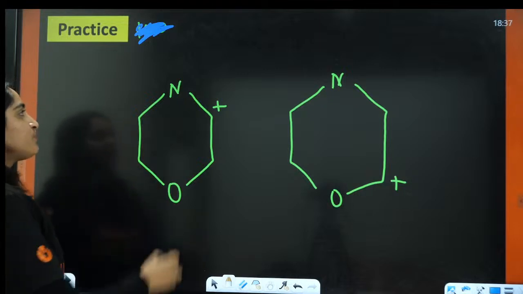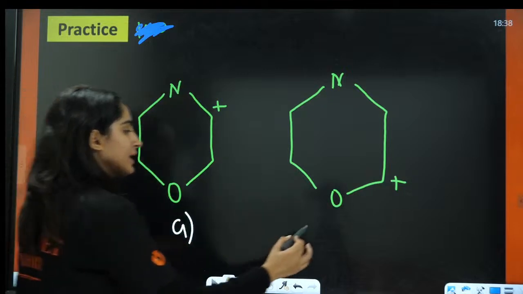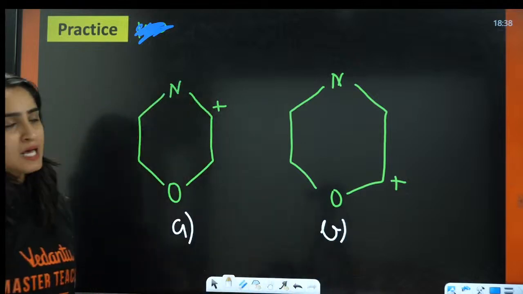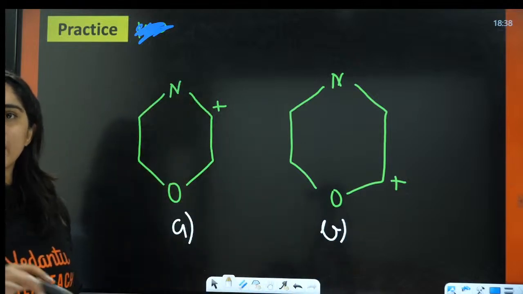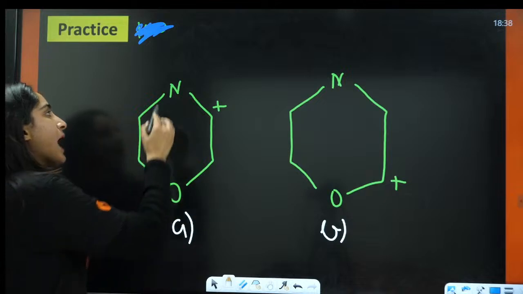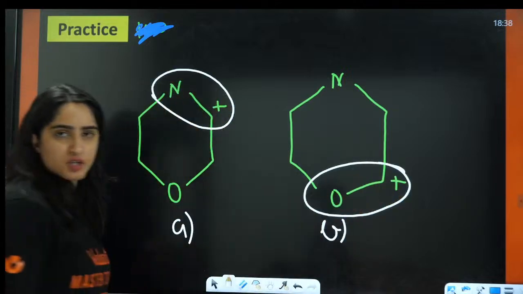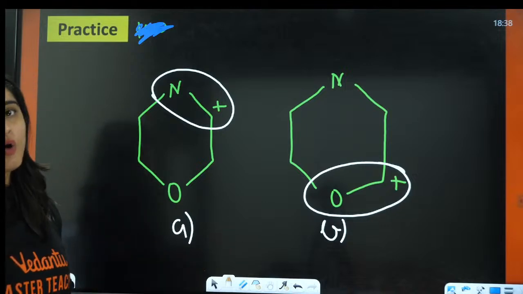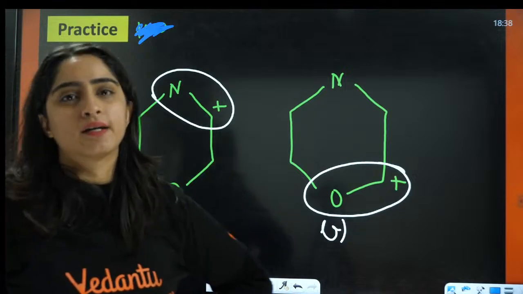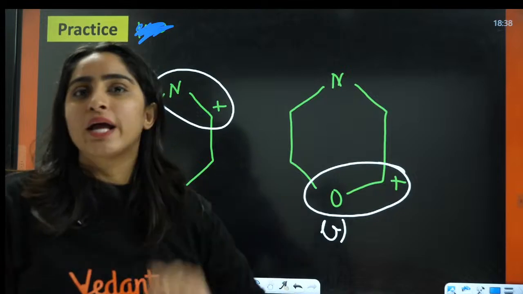So you have A part and B part, which is more stable? In both cases, you can see the back bonding. Here the back bonding is with nitrogen and here it is with oxygen, right? As we know, they belong to the same period, so we will see electronegativity.